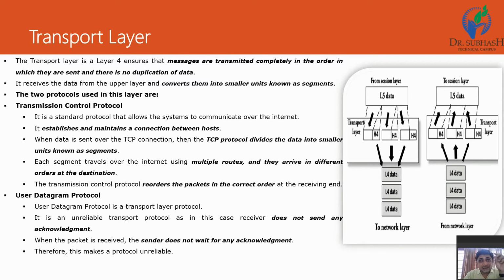I am dialing the number of Mr. X. Mr. X must receive my call. Then and only then can we communicate between me and Mr. X. Until he receives my call, I cannot communicate with him. That is connection oriented transmission.